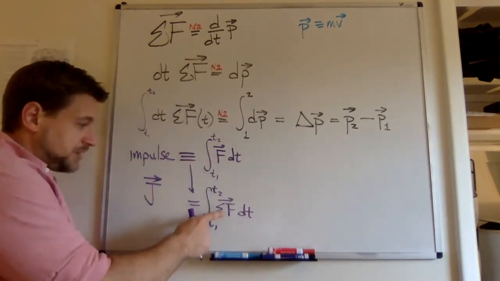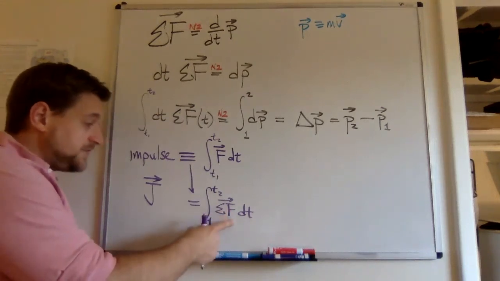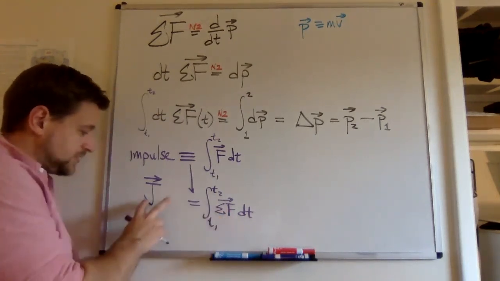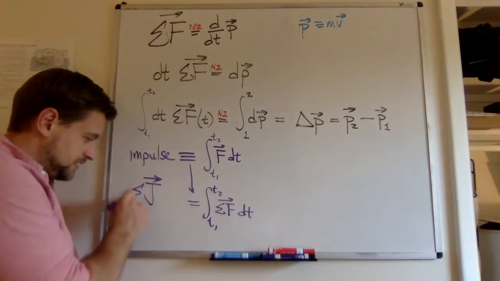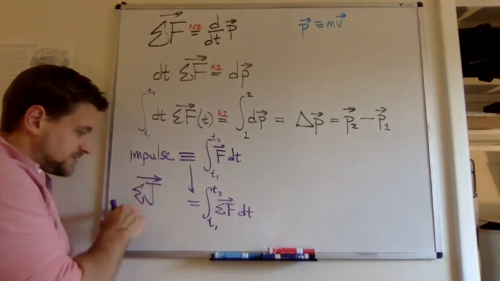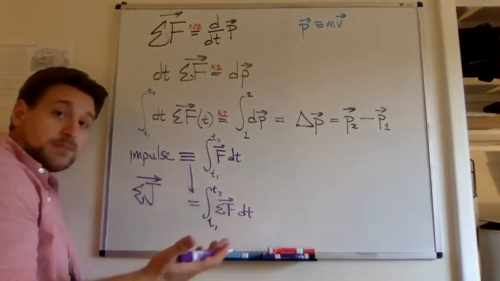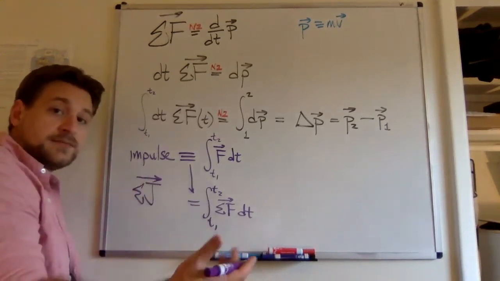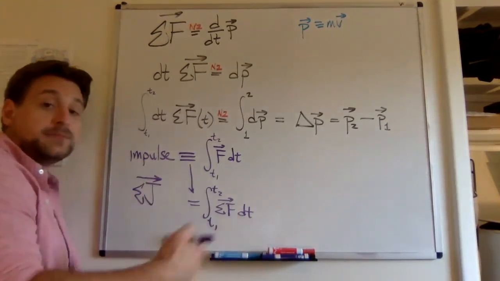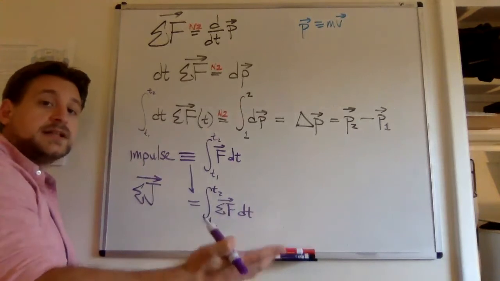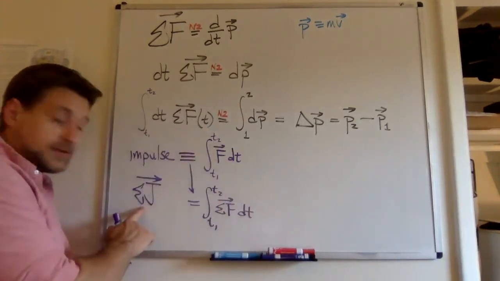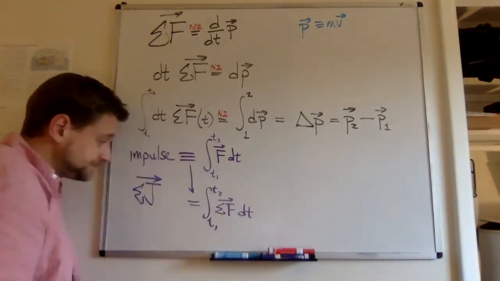If we're talking about sigma F, the net force here, we want to talk about the net impulse. So I'll use the summation symbol here. Maybe there are multiple forces acting. Each of them applies some impulse to an object. Together, they apply some net impulse.